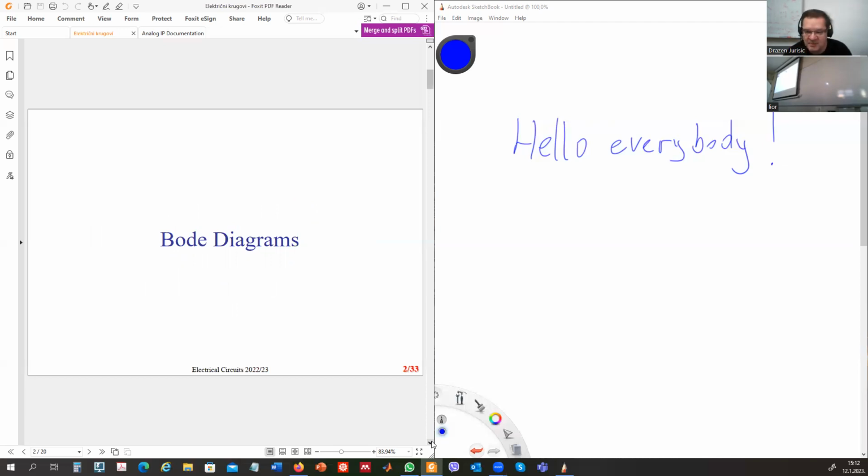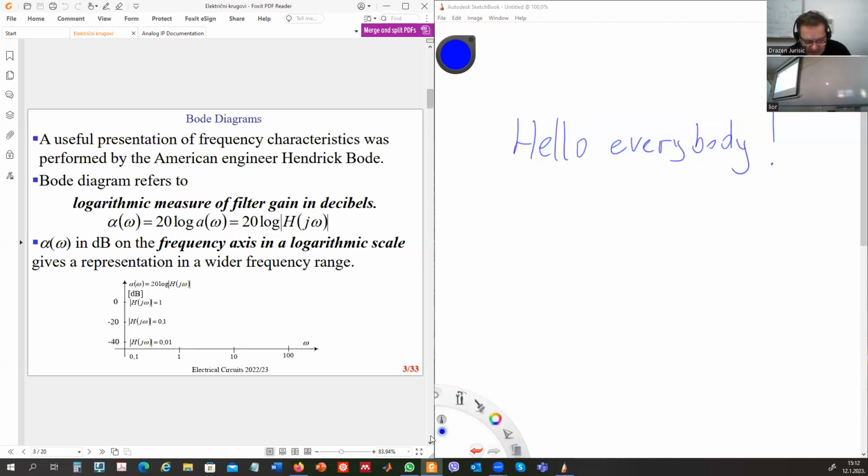I hope everybody knows what this is, but a very short repeat is important. Before all, a useful presentation of frequency characteristics was performed by the American engineer Henrik Bode, and this is indeed a logarithmic measure of filter gain in decibels, and you have two logarithmic axes.